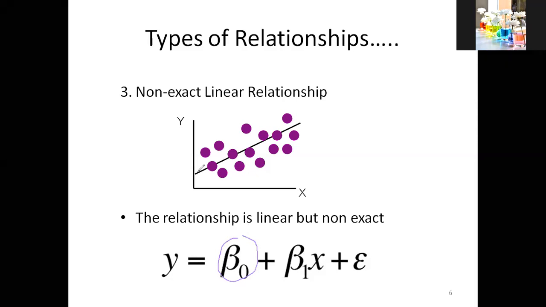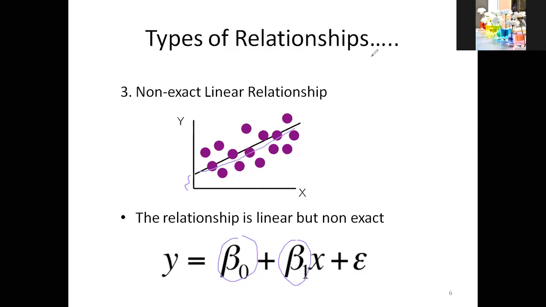This is beta naught, the intercept, and we have beta 1, which gives the slope.